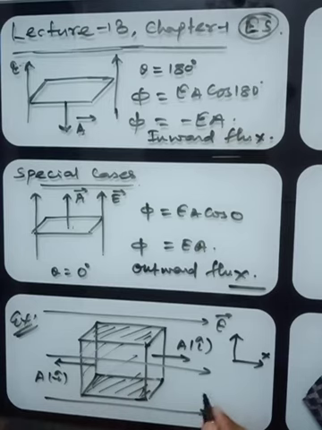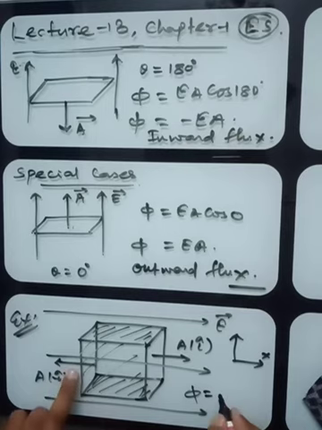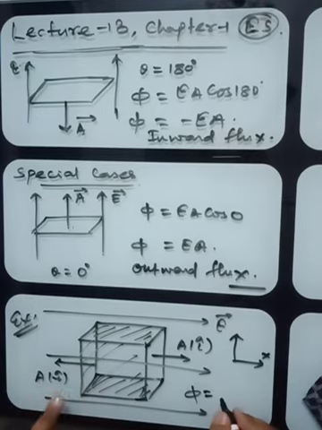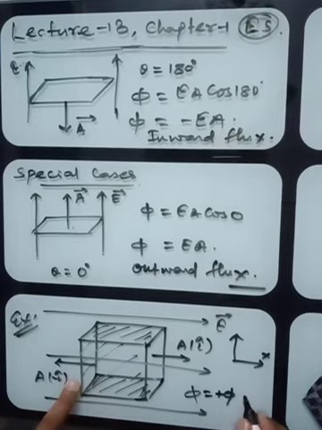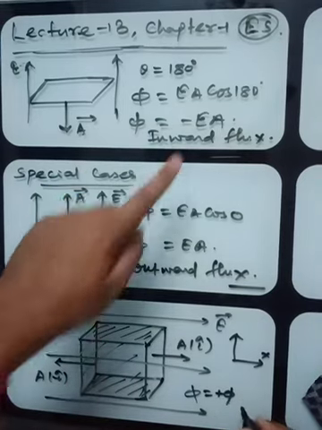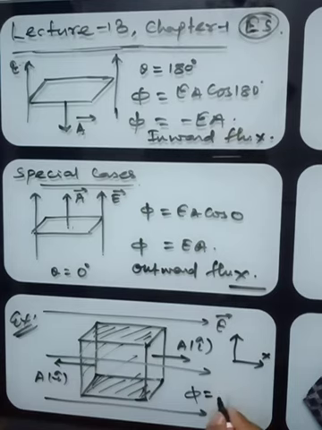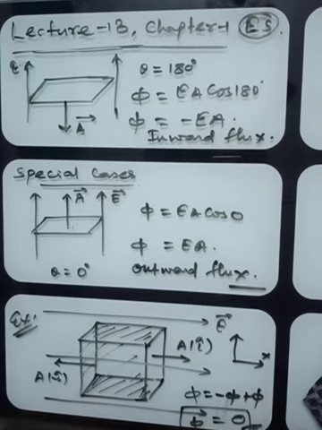So the total counting will be the same. Let us take this one as positive and this one as negative, so minus phi and this one as plus phi. How much is it? 0. Interesting result, and this is the important result.